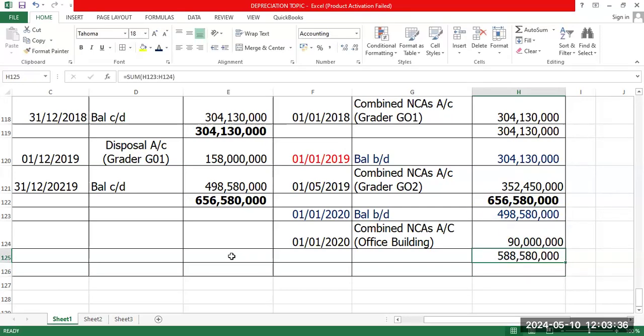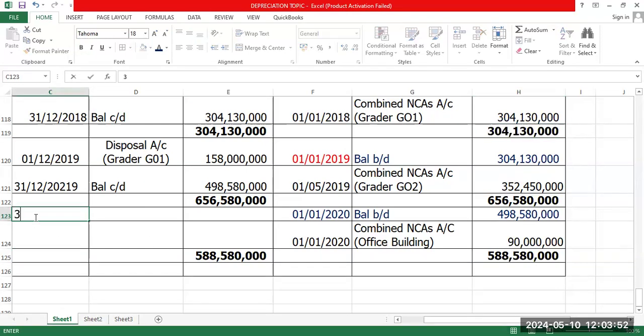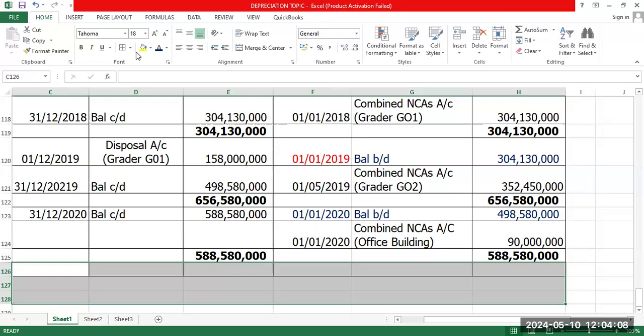So that is your total. So here you're closing off 31st December 2020 with a balance carried down of actually this figure. So that's all for this question.